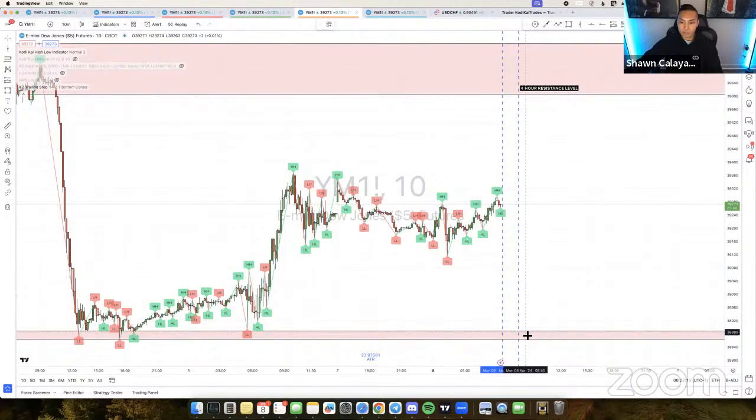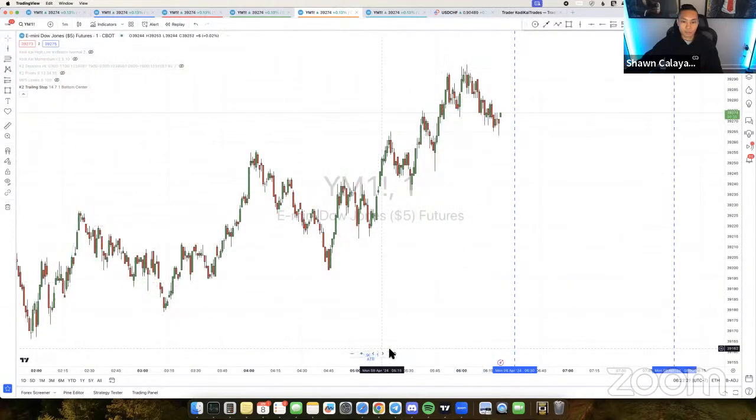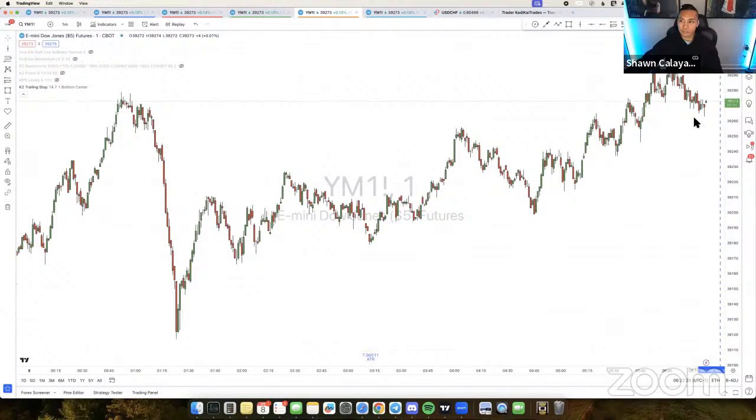And then I'm going to mark this down here as the 4-hour support level. All right, so that looks good so far. Going back down to the 1 minute, it's not really close to anything, so it might not be too relevant, but we'll see what happens when the market actually opens here.